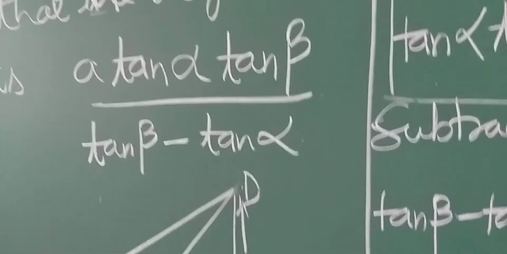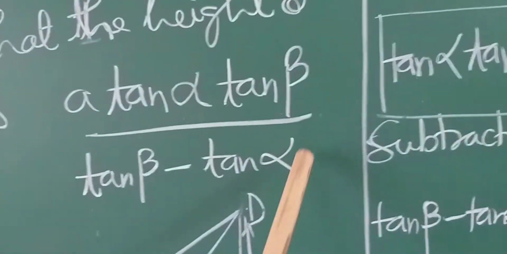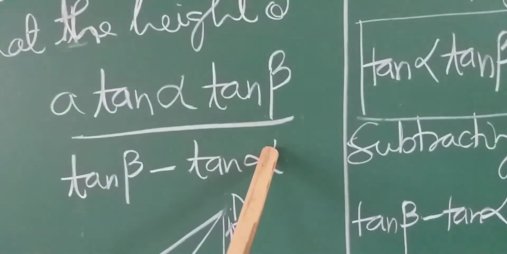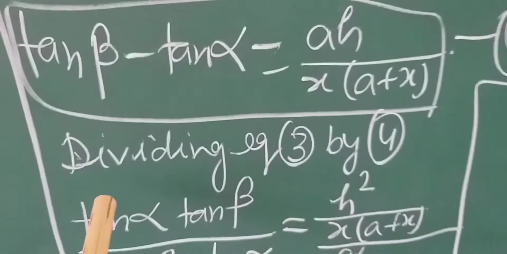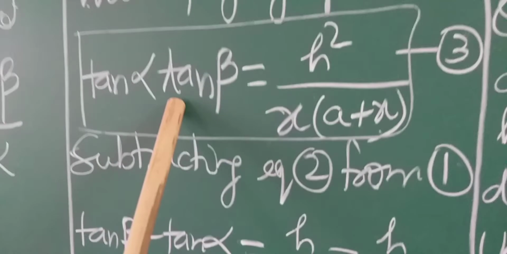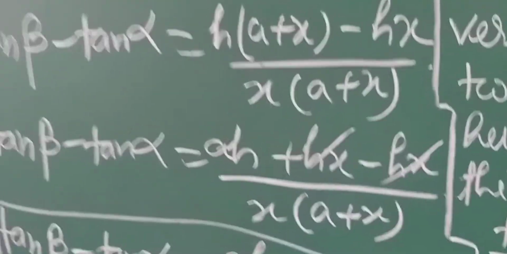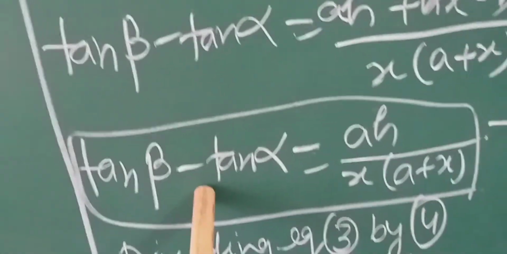Now students, you can see we have to divide the product by the difference. So that's why we are writing here, dividing equation 3 by 4. This equation by this equation, because we need product upon difference.